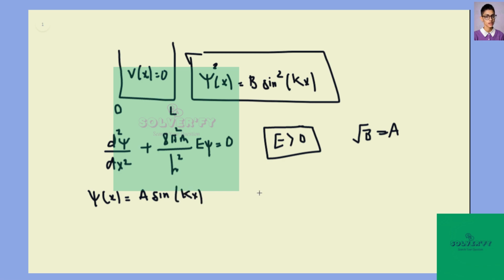Now we differentiate this two times, because we have d square psi by dx square. When I differentiate once, I get a cos function, and when I differentiate the cos function again, I get another sine function with a minus sign. So we get minus k square a sine kx.